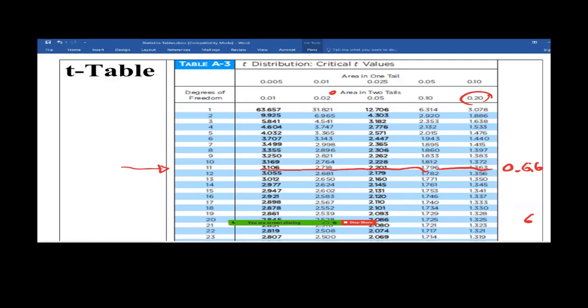So what is the area in two tails for the number we have as 0.66? I have no idea. But for sure, it's larger. Why is it larger? Because take a look, 0.01, it's getting larger as we go from left to right. So the t values become smaller, but the area in two tails is getting larger.